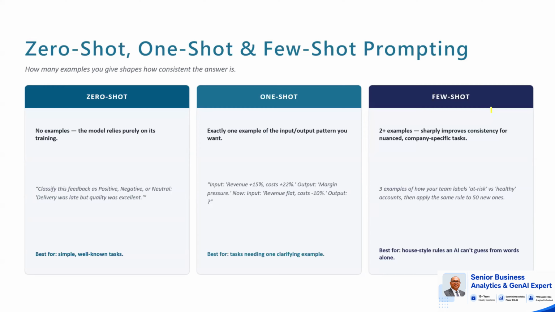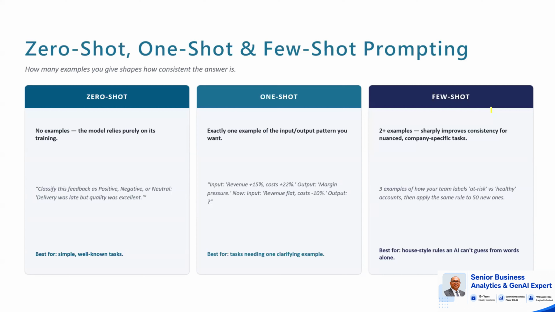Now comes one shot prompting. In one shot prompting, you are going to give an example. What is that example? One example. And how will we write the prompt? Input: revenue plus 15%, cost plus 22%, output will be margin pressure. Now input: revenue flat, cost minus 10, output what? So actually you are giving an example.